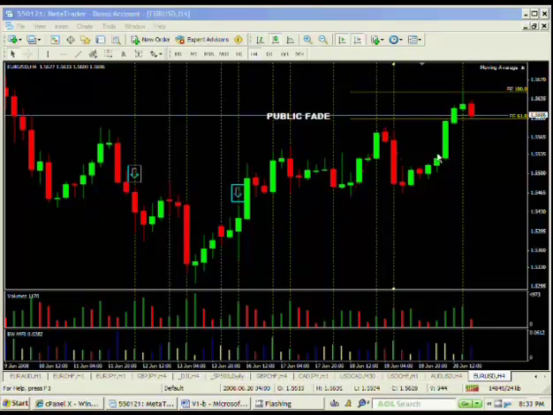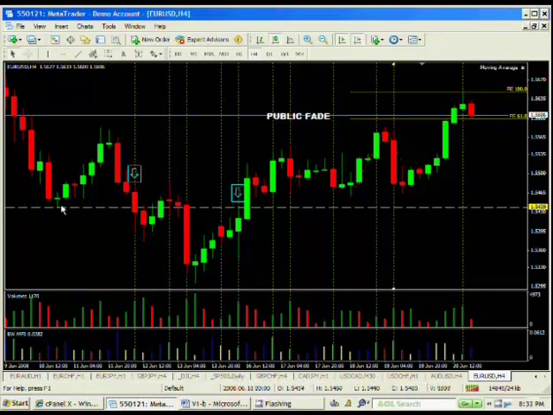Now there are situations where the public is not faded, and that usually comes on a breakout. For instance, this is a low here, so this is support. This is support for the down move. But now this public bar is a breakout bar, and on a breakout bar, the public is usually not faded until after 1 more bar.